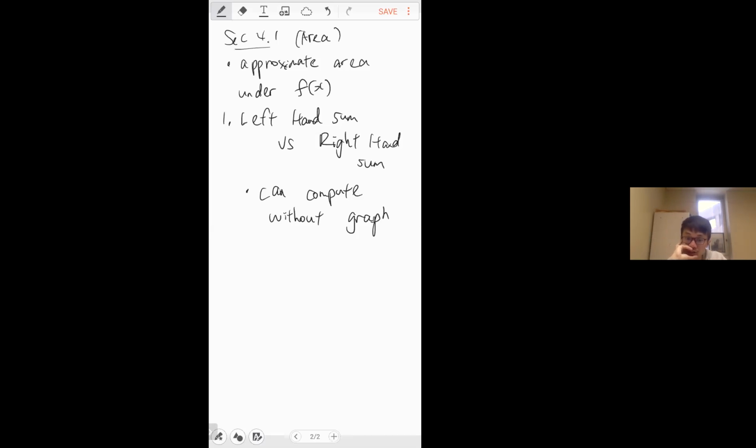How do I compute the height of each rectangle? The heights will be different for each rectangle, right? How do I compute the height?